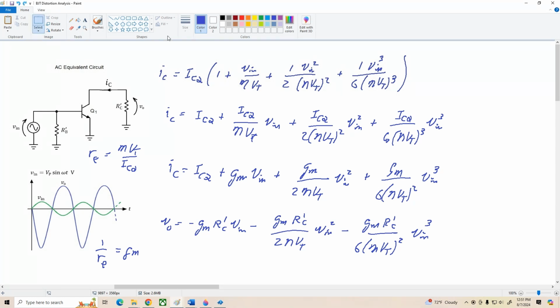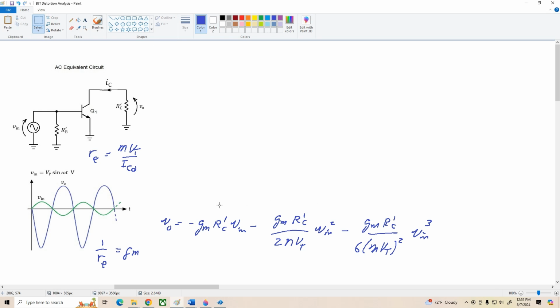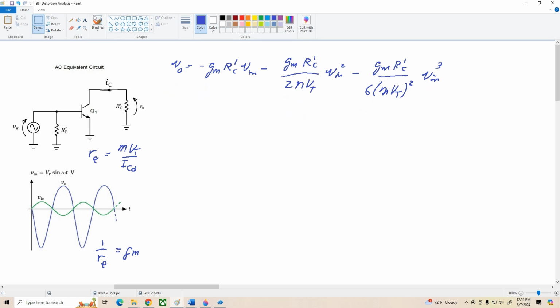All right, we're a little bit short on space again, so let me clear the decks again and move this equation up to the top of the page. And notice that gm times R prime C is the voltage gain of the amplifier. So let's write this now in terms of voltage gain.